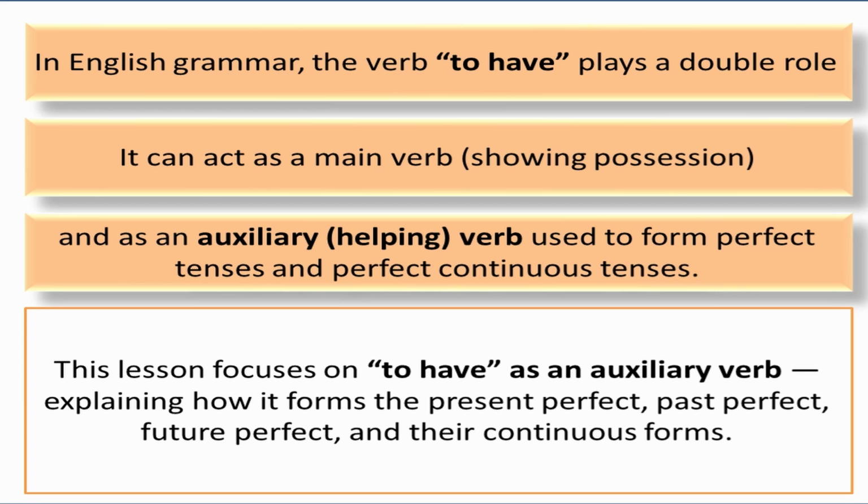So, this lesson focuses on to have not as a verb showing possession, but as an auxiliary verb, explaining how it forms the present perfect, past perfect, future perfect, and their continuous forms.